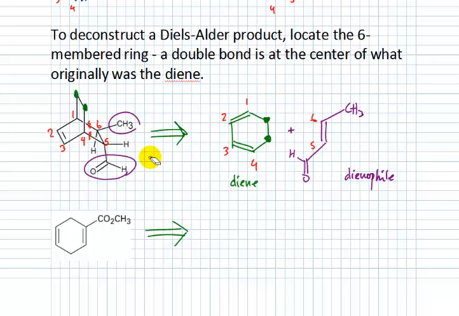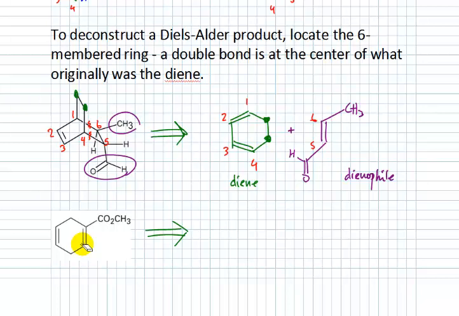So in retrosynthesis of a Diels-Alder reaction, the thing you identify is the 6-membered ring, the double bond at 2 and 3 in that 6-membered ring. Okay? So that double bond in the ring orients you to where everything originally was. And so this is an interesting one.